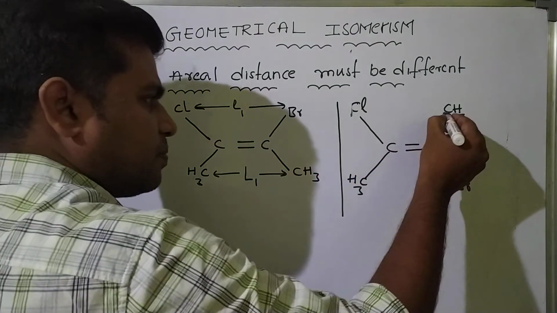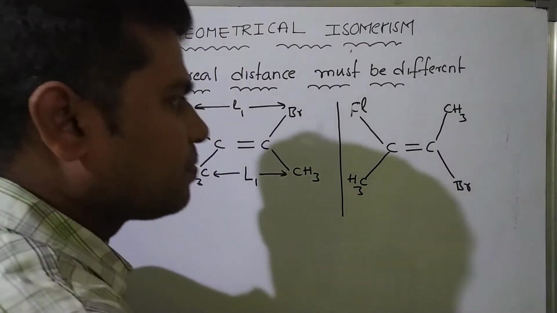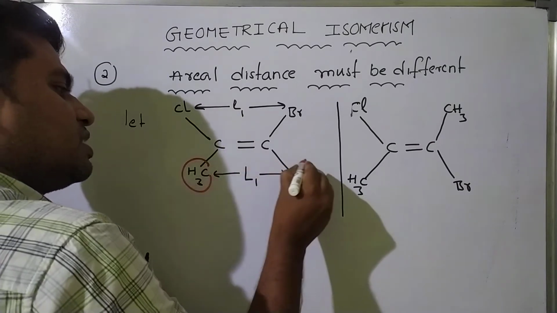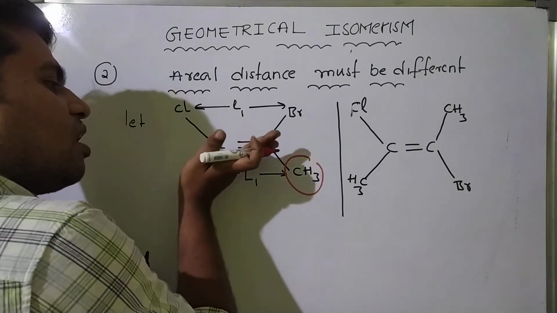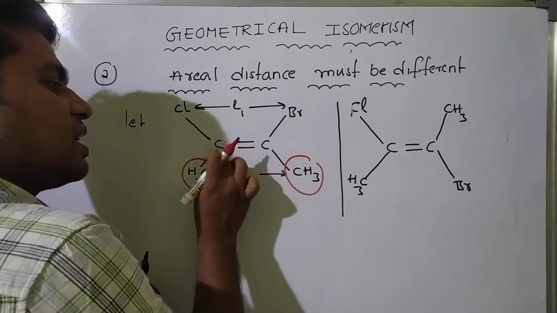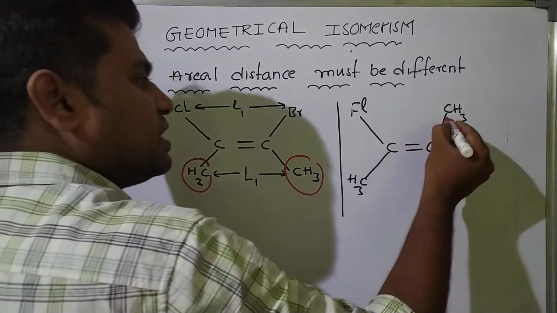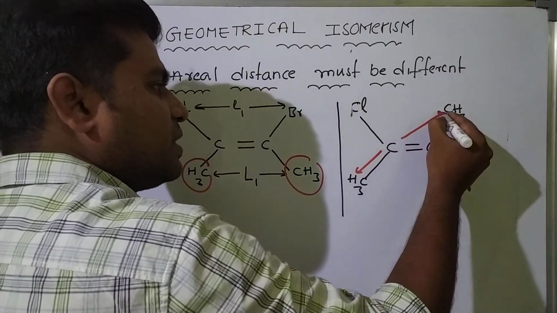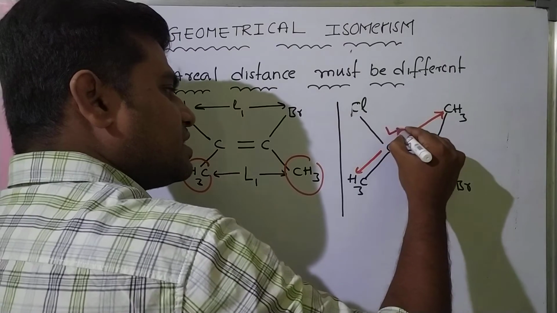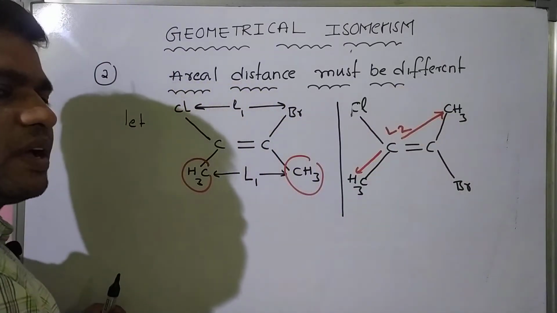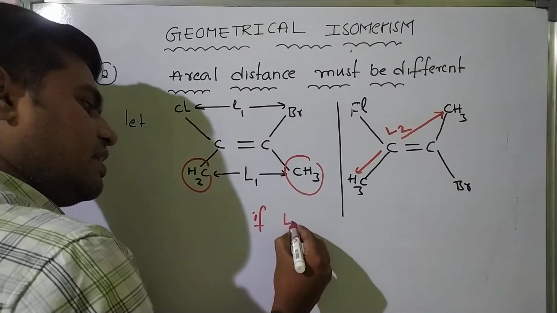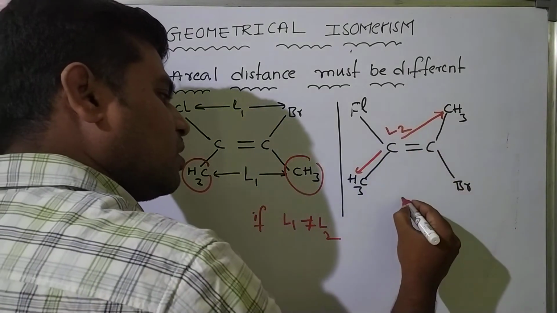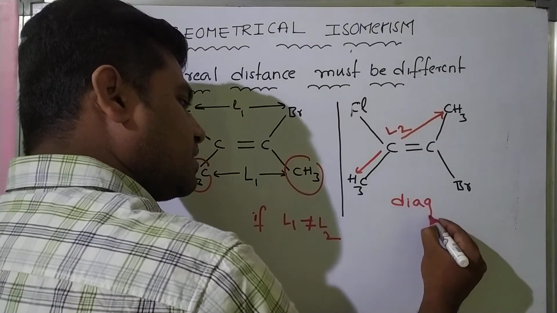In this case the two groups, this methyl group, are present on one side with respect to this carbon-carbon double bond. Now in this case, these two groups are present opposite to each other. Now this distance is say L2. If L1 is not equal to L2, here L2 means diagonal length.